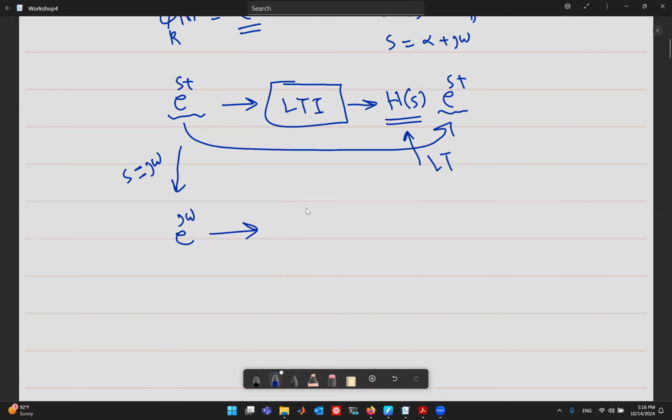And if we use this as an input to the LTI system, the output will be some constant times e^{j omega t}. And we call this constant the Fourier transform.